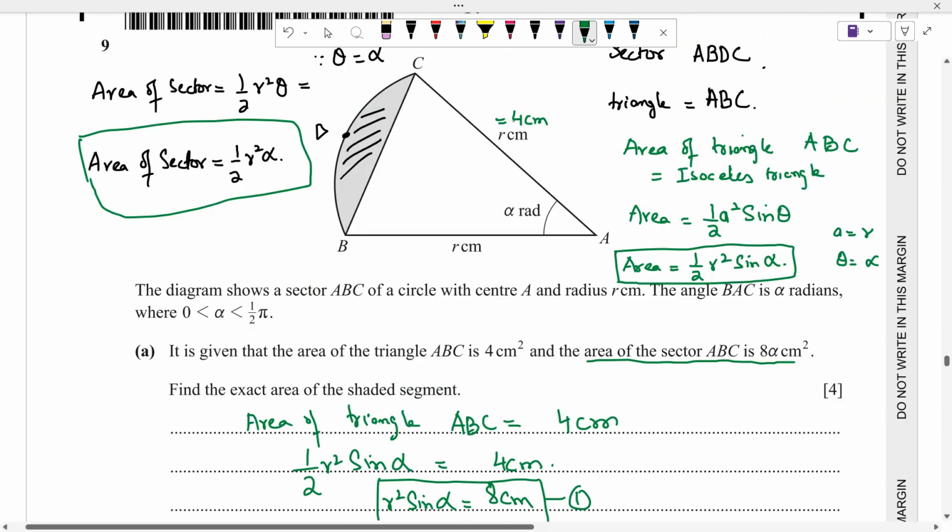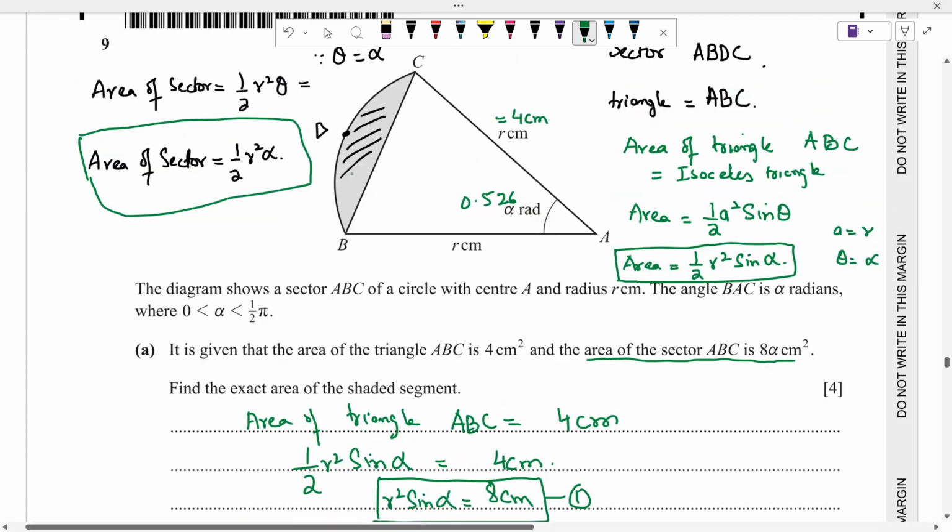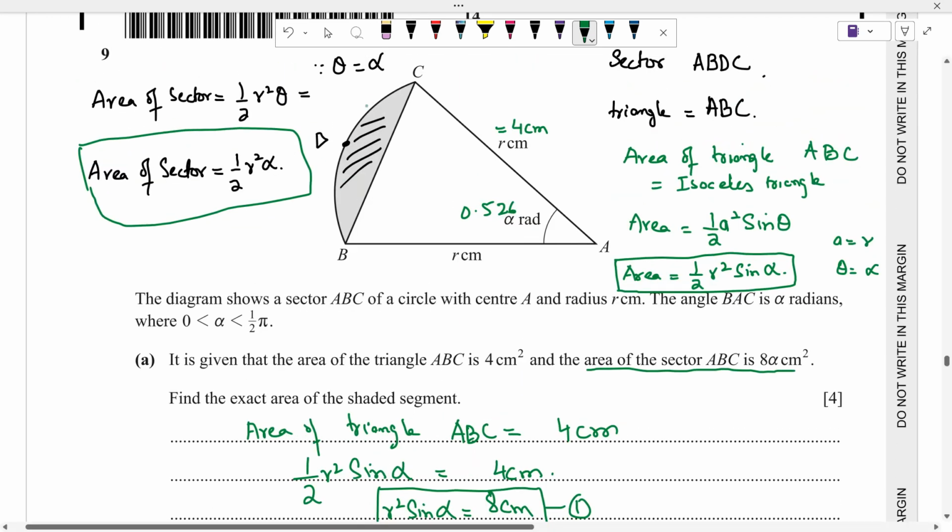Now we have the radius, and we have alpha, which is 0.526. Now we need to find the area of the shaded region. We can achieve the area of the shaded region by subtracting the area of the triangle from the area of the sector.